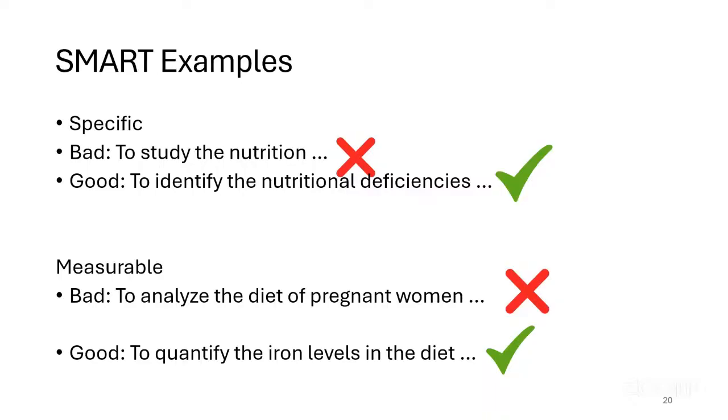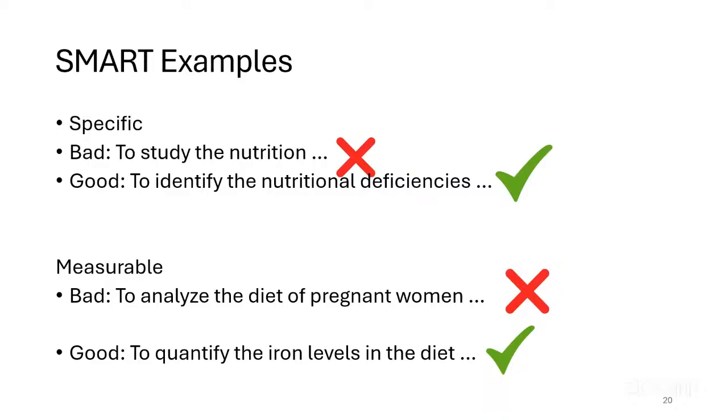Okay, for measurability, another example I have here is if you say you want to analyze the diet of pregnant women. Now, this may look okay, but again, thinking about it deeply, you need to be more specific and make it more measurable. If you use a word like quantify, that makes it more measurable.